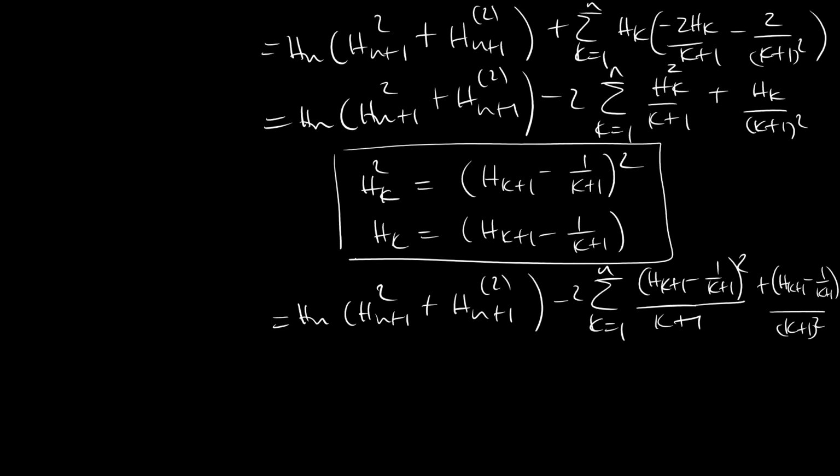Well, let's proceed and see where that will take us. Let's just restate where we've gotten ourselves to. So we have the summation from k equals 1 to n of the harmonic k squared plus the harmonic k to the power 2 over k.